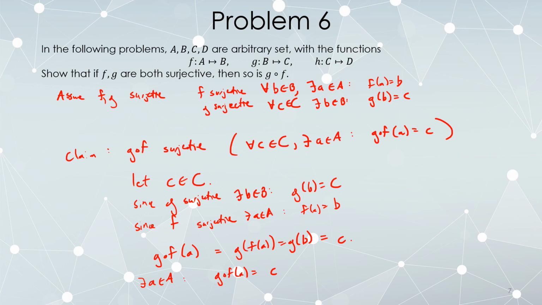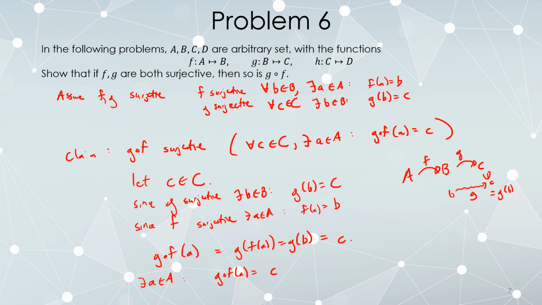Okay, in other words, we've got A that gets sent to the set B, that gets sent to the set C. This is the function f, this is the function g. Out of this set, I pick an arbitrary little c. But since g is surjective, I know that there's a little b that gets mapped there.